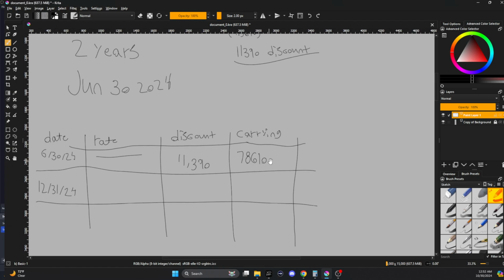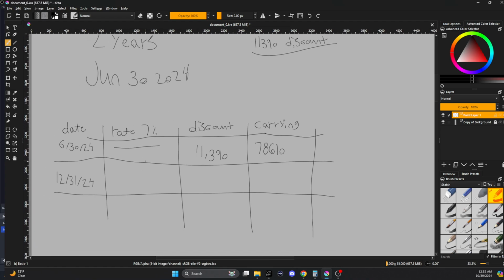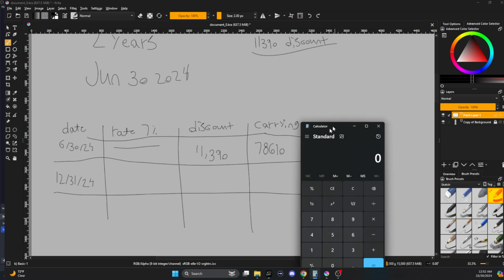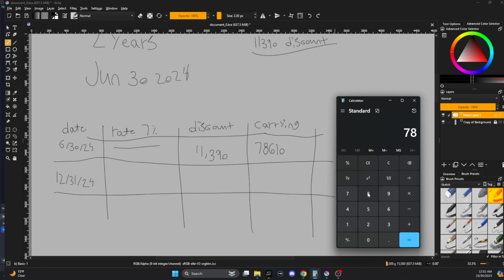So now we take our carrying value and multiply it by our 7% rate right here. 78,610 times 7. And we get 5503.